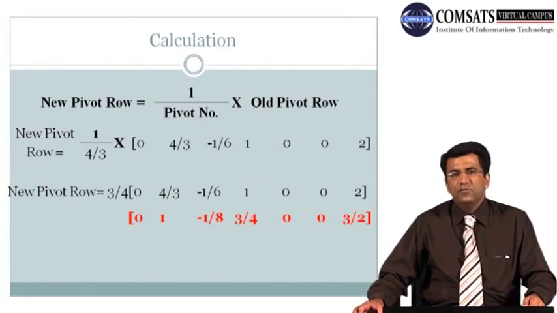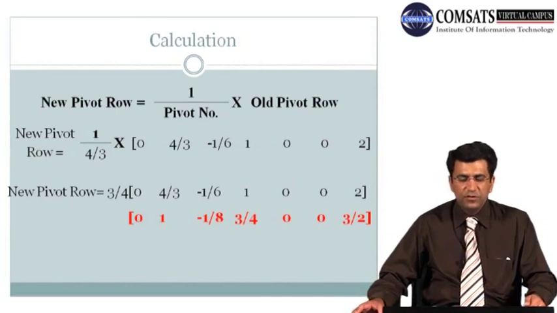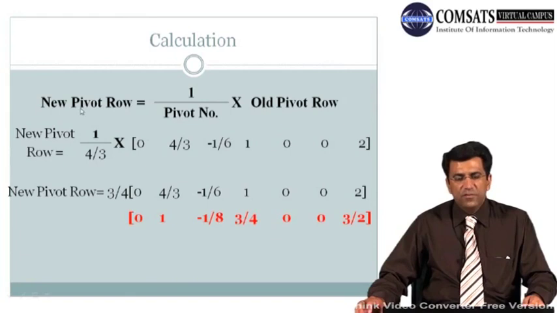Again, we have to compute the new pivot row and the other rows in the table. We will use the same formula: new pivot row is equal to 1 over the pivot number multiplied by the old pivot row. As our pivot number is 4 by 3, we divide 1 by 4 by 3 and rewrite the old pivot row.